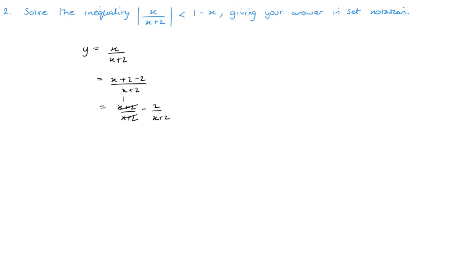This is just 1, so we get 1 minus 2 over x plus 2. So this graph has a vertical asymptote at -2. So I'll just pop one on there, call this -2, that will be 0.